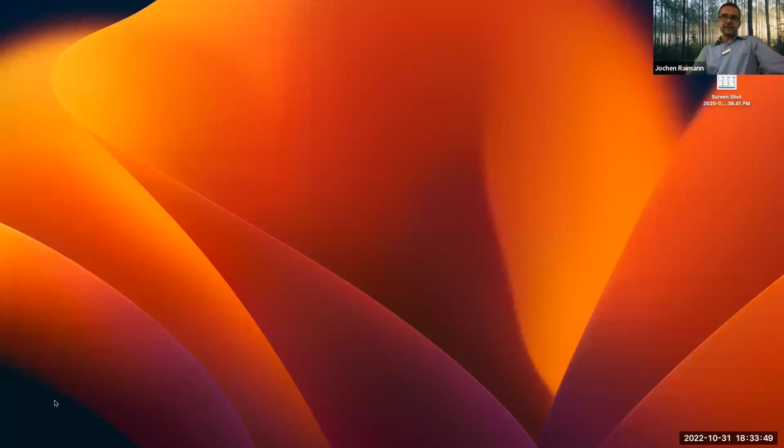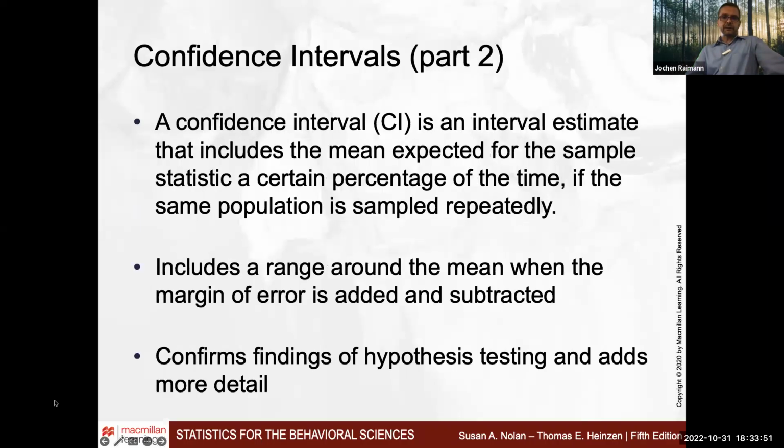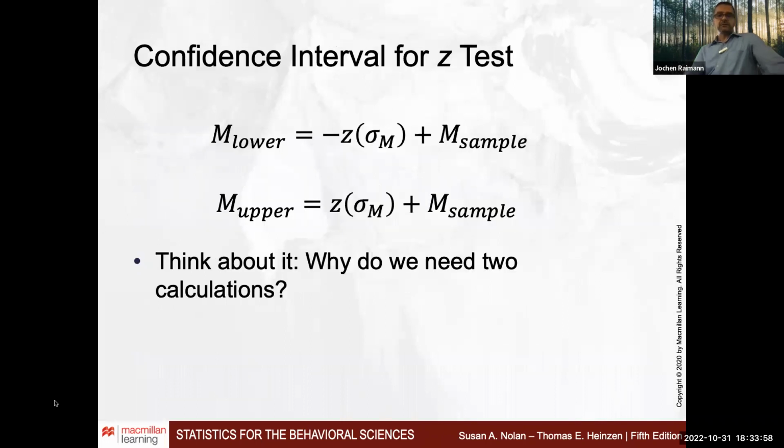Nolan and Heinzen have a slightly different way of calculating it, which is not a dramatic difference. They use a formula where they have a negative Z multiplied by the standard error and add it to the mean, which arithmetically comes to the same end, but I just don't like it that much. I'd rather subtract negative things from positive things.